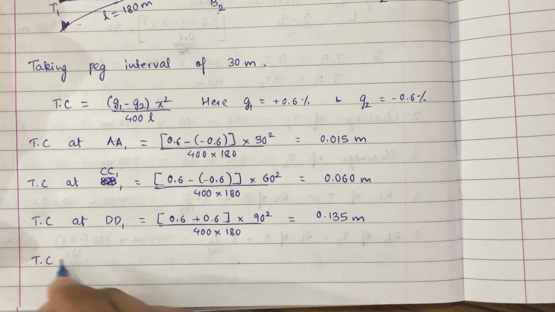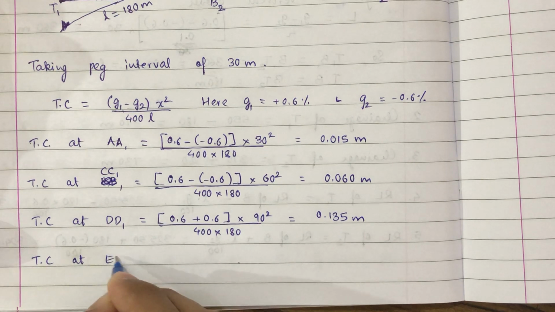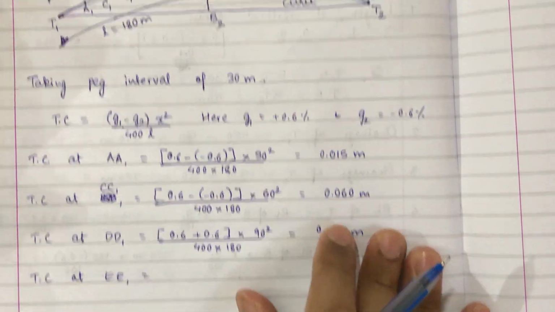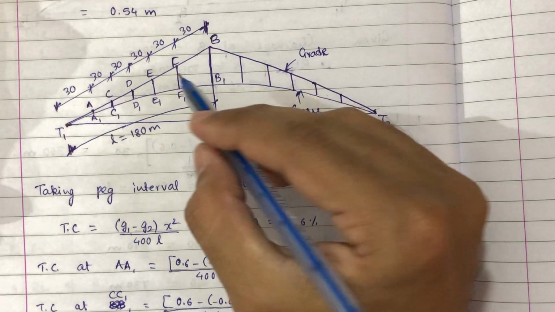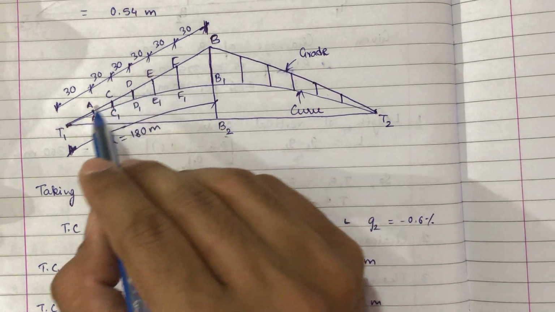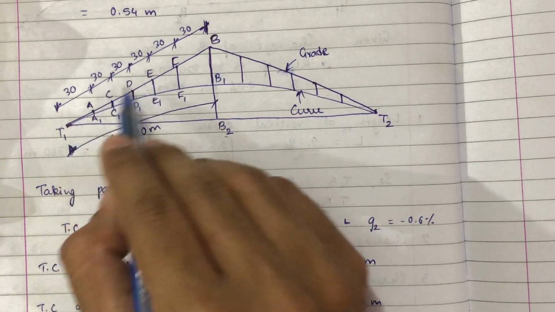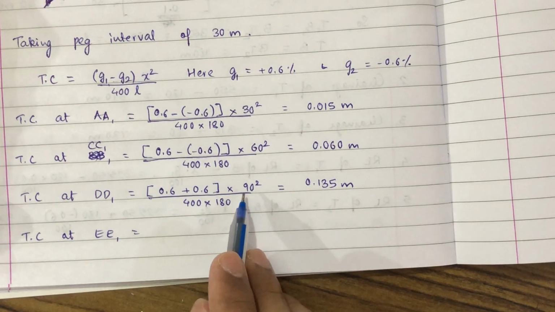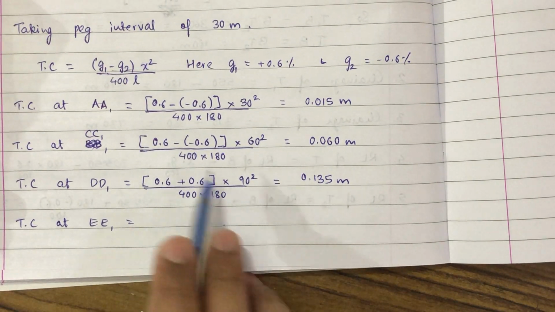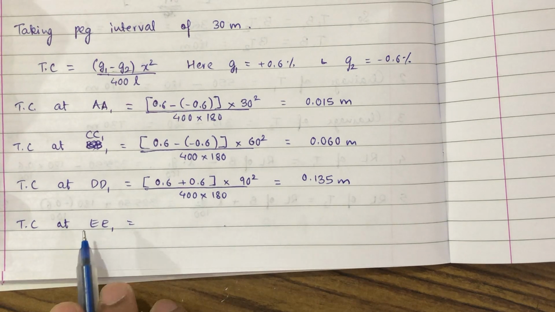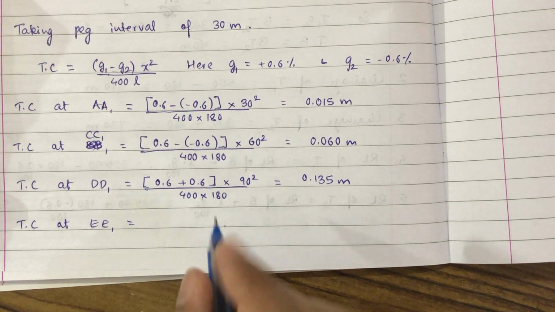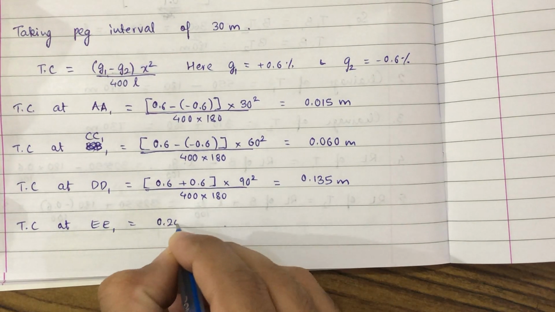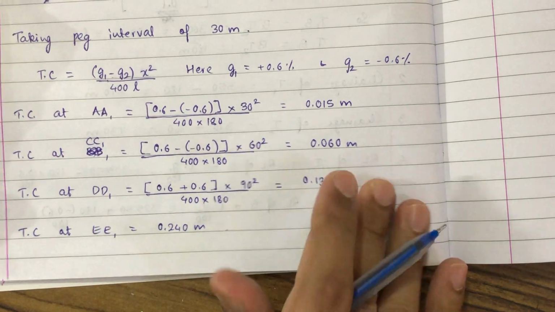Next, tangent correction at E E1. Going by the same principle, E E1 is at a distance of 120 meter. So here we just have to apply 120, and the rest of the formula will be as it is. The tangent correction at E E1 comes out to 0.240 meter.